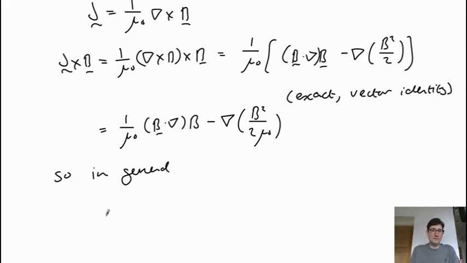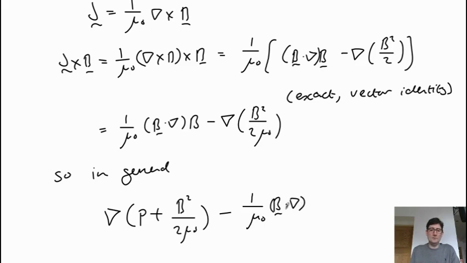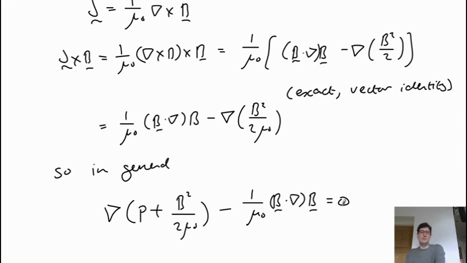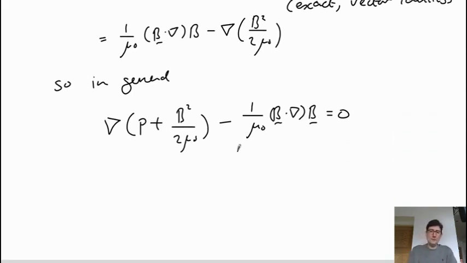This holds in general for ideal MHD. So the gradient of the fluid pressure plus the magnetic pressure, and then minus this term here, so we have a mu naught, B dot grad B equals 0. And this term is the magnetic tension term.